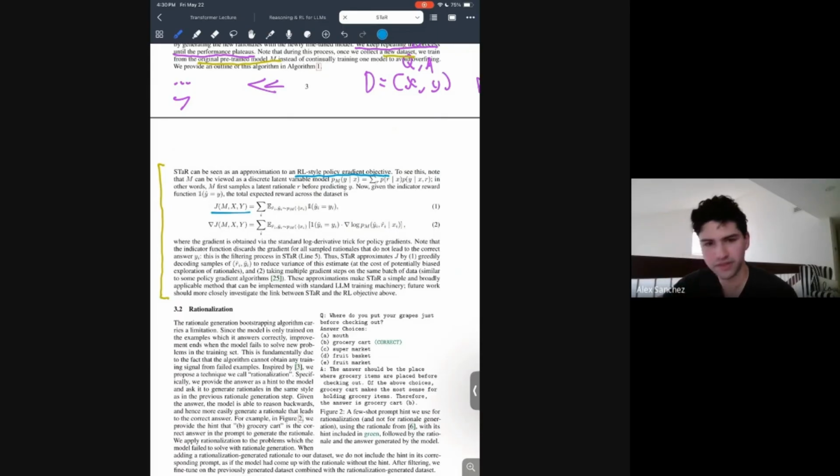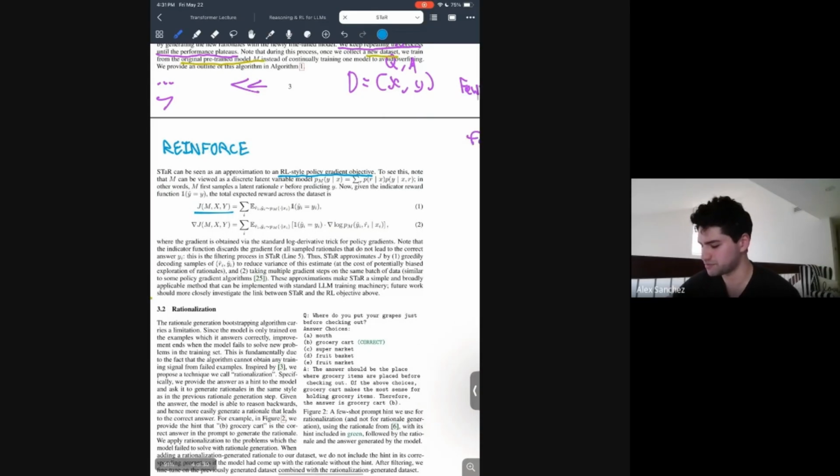This J, this is the reward, right? Last lecture, we talked about REINFORCE. And this paper is basically saying that you can view the reasoning step, which I'll have as R, as kind of a latent variable.